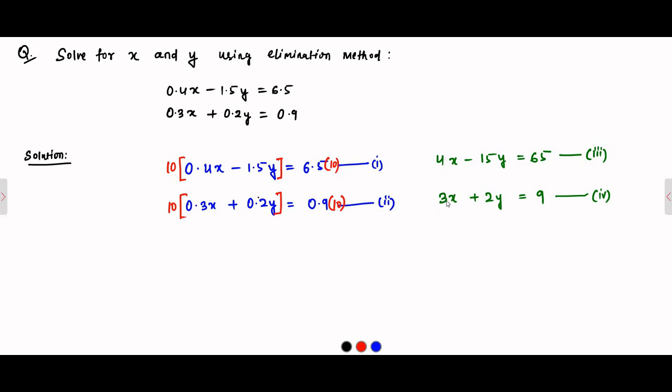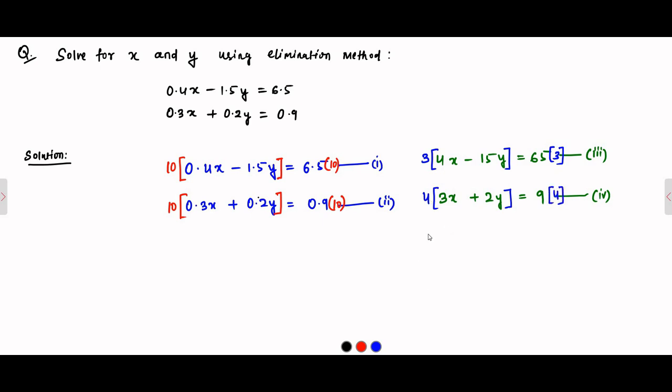So we have to match the coefficients of x in both the equations and then subtract them. For doing that, here the coefficient of x is 3, so we'll multiply by 3 here and 3 here also on both sides, and here we have to multiply by 4, and here 4.